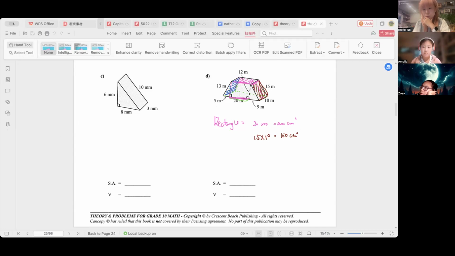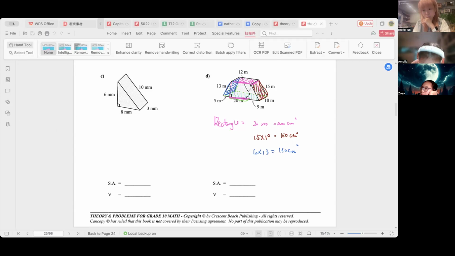This one is also another rectangle with the side still 10, and this one is 13. So 130 centimeters square, right, Zoe? Okay, so let's move forward to the front and back. No, we do the bottom first. The front and back we do last, because they're the same.